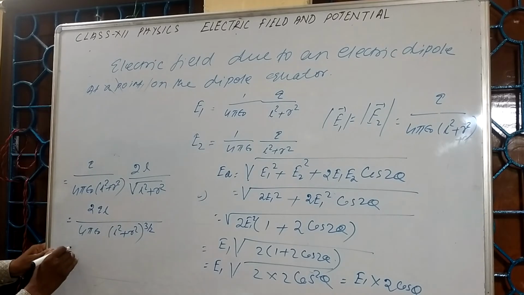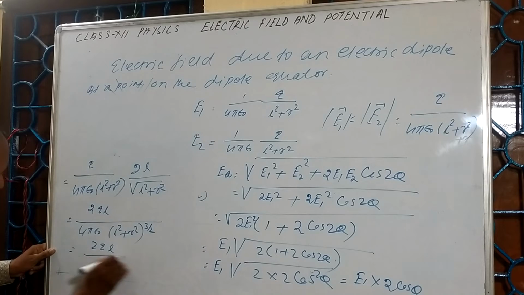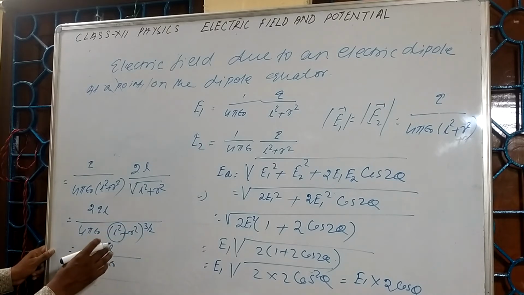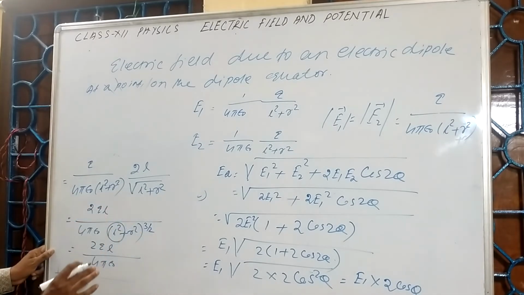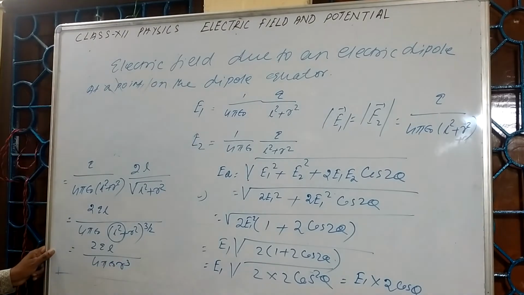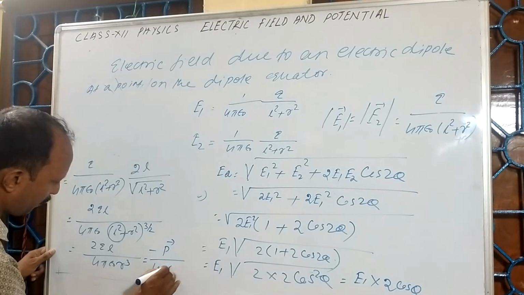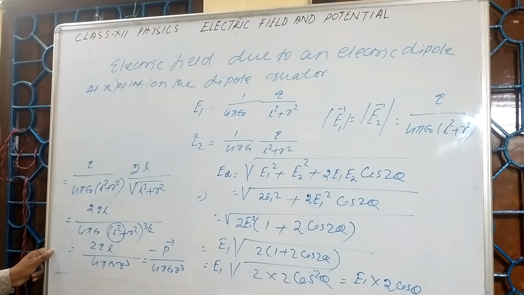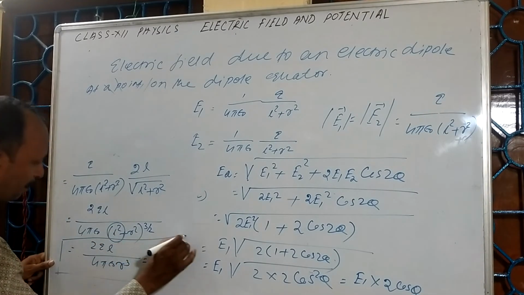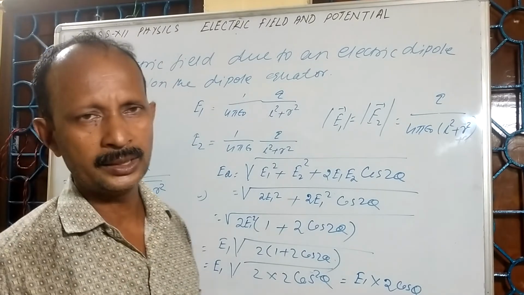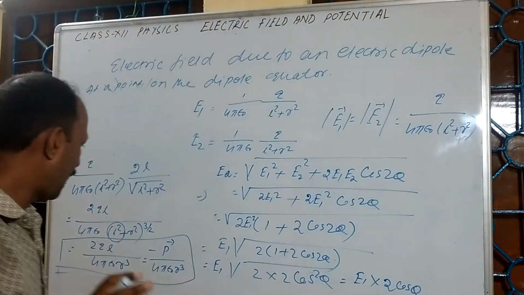Then it will be equal to 2ql upon 4 pi epsilon naught, this L square will be neglected, so R to the power 3, or I can say this is minus P divided by 4 pi epsilon naught R to the power 3. This is about the electric field at a point on the dipole axis.